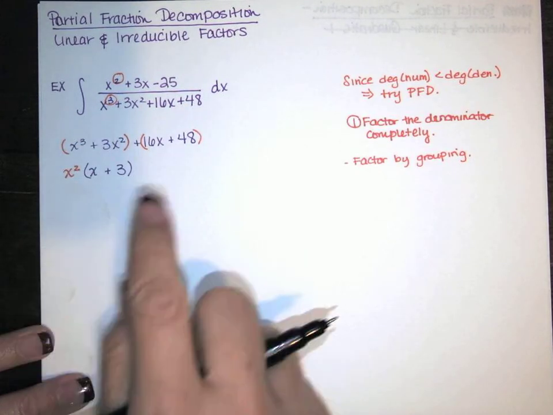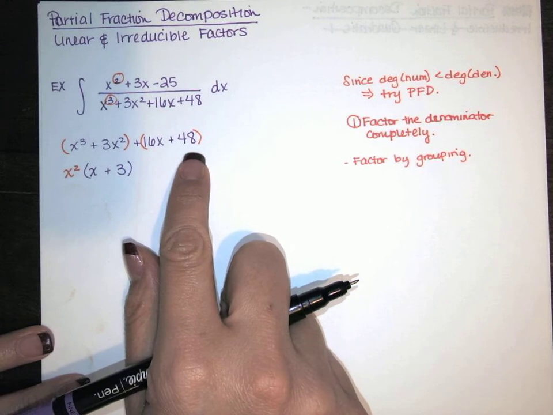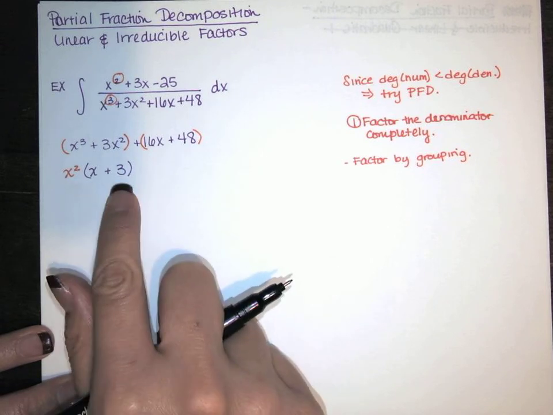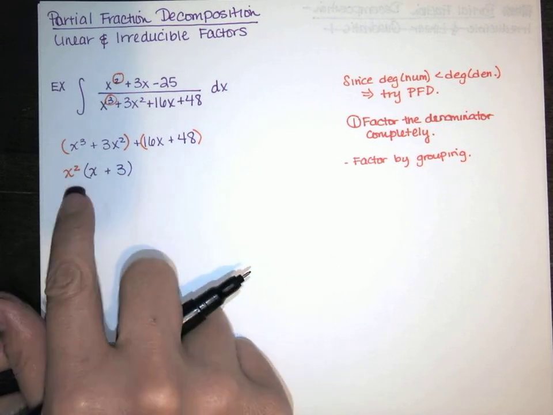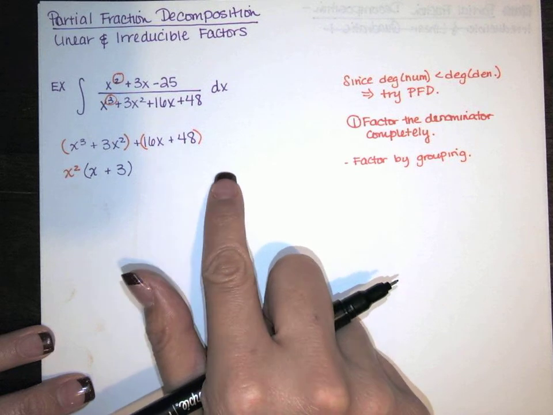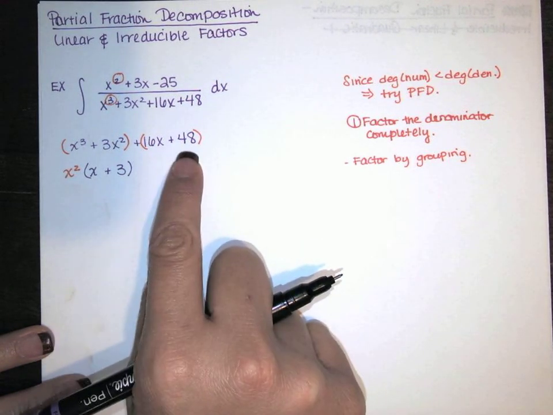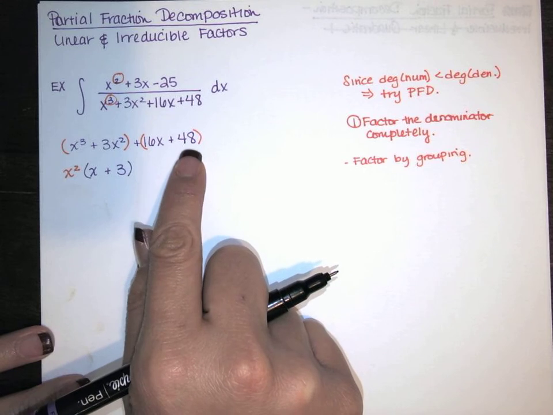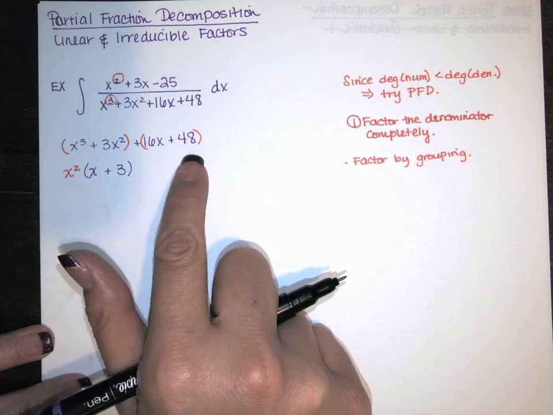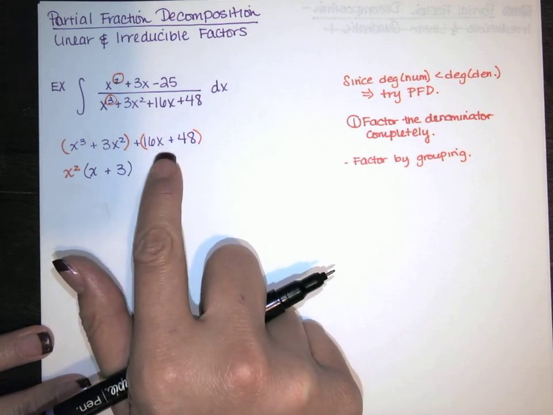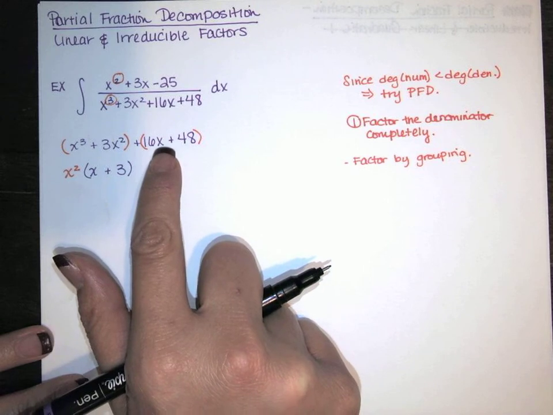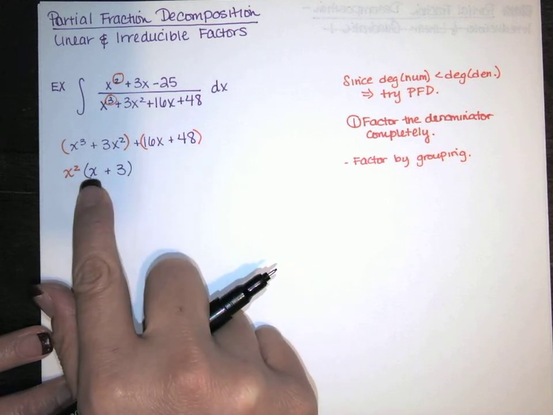Now our hope is that when we factor the second group, we're going to be left with an x plus 3 over there as well, so we can factor out the x plus 3 from this group and this group. We're not sure that's going to happen until we look over here. If I look at the 16x and the 48, I want to factor out something from both of them, but I need what's left over to be an x as my leading term.